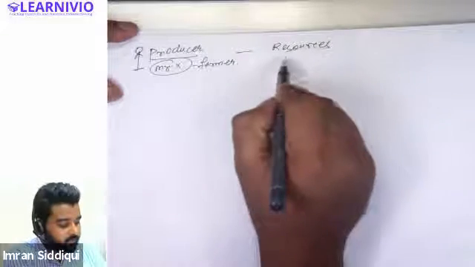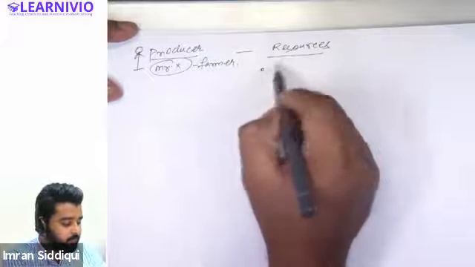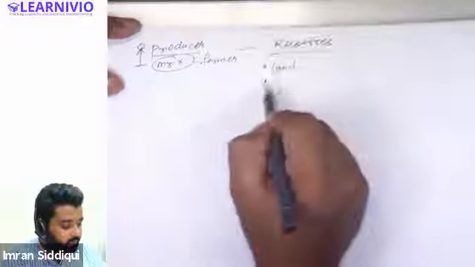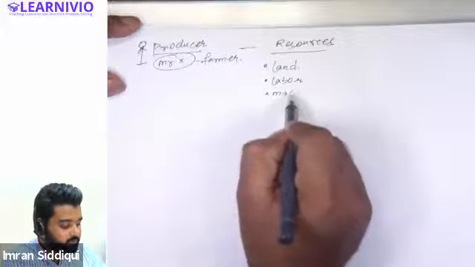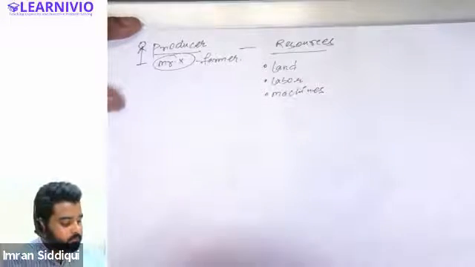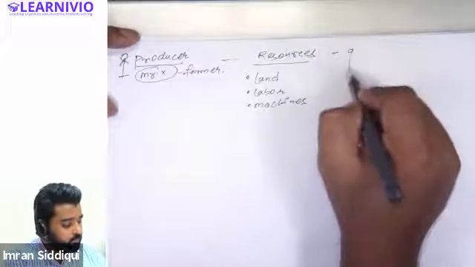Because Mr. X is a farmer, he has resources such as land, labor, and a few machines which he will be using for production purposes, right? Then he wants to produce two kinds of goods.